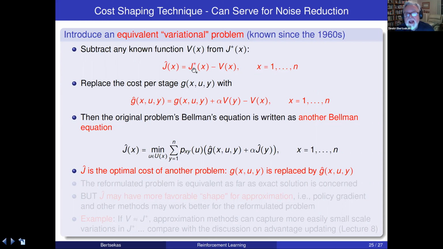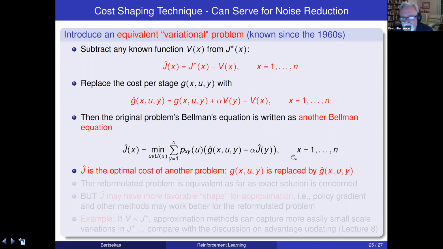J hat, the translated version of J star, is the optimal cost of another problem, which is simply the same as the original problem, except that the cost per stage has been changed, and from G, it has become G hat. So we can play around with different V functions and get equivalent versions of the discounted problem.